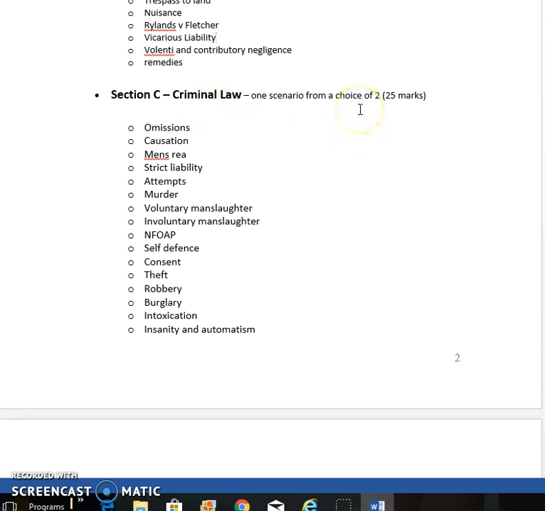In section C, you'll answer 1 scenario on criminal law. Again, you've got a choice of 2 scenarios, and your scenario is worth 25 marks and you'll spend 45 minutes on it.